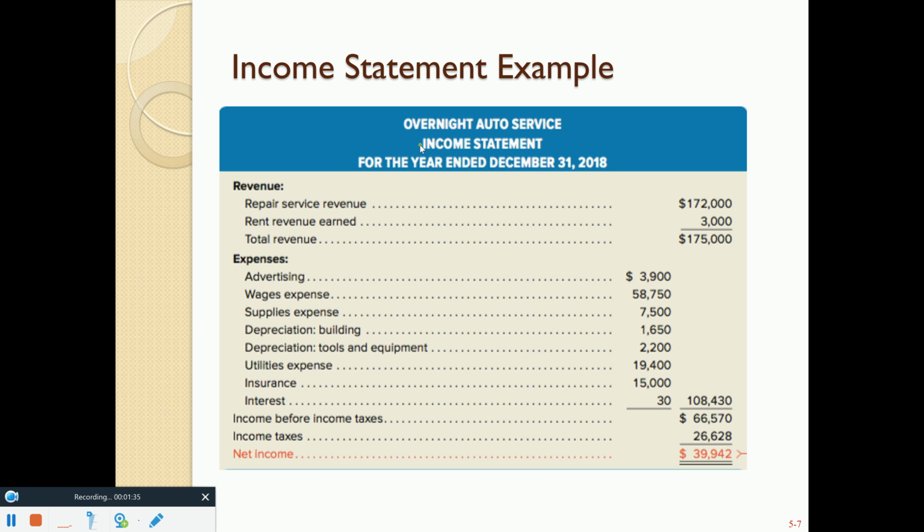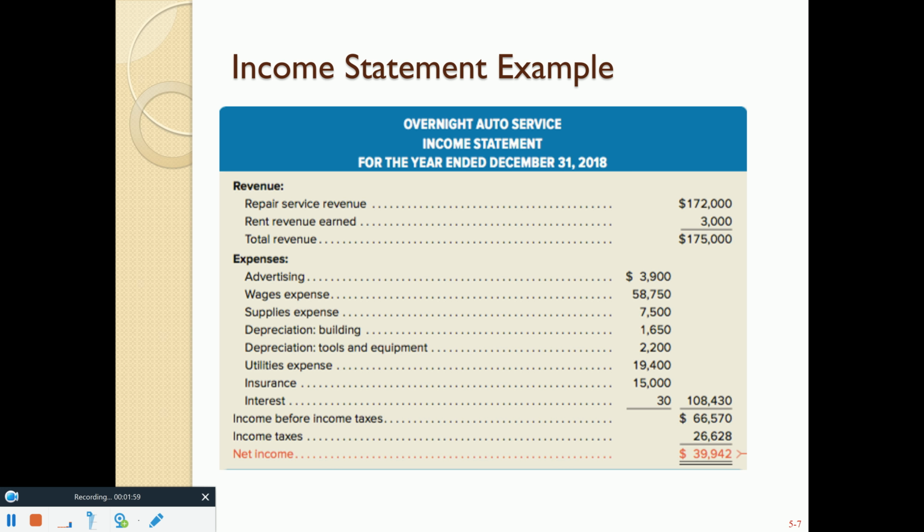The next line is for the name of the financial statement. In this example, it's the income statement, and the income statement has a begin date and an end date. It's from January 1 to December 31, 2018.